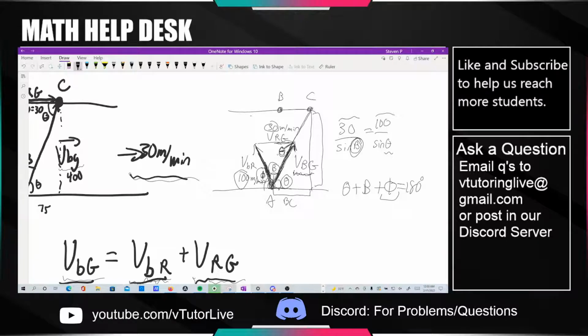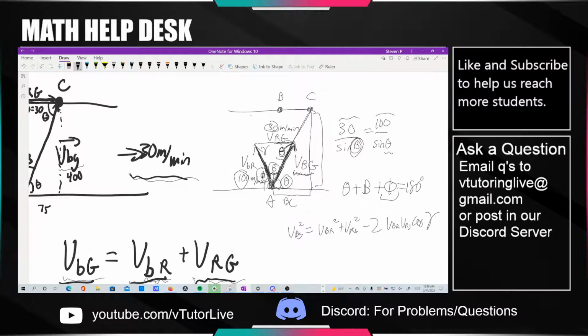So looking at this triangle, we know theta, we know beta, so we also know this other angle, let's call it gamma. And using the law of cosines, we get that VBG squared is equal to VBR squared plus VRG squared minus 2 VBR VRG cosine gamma.